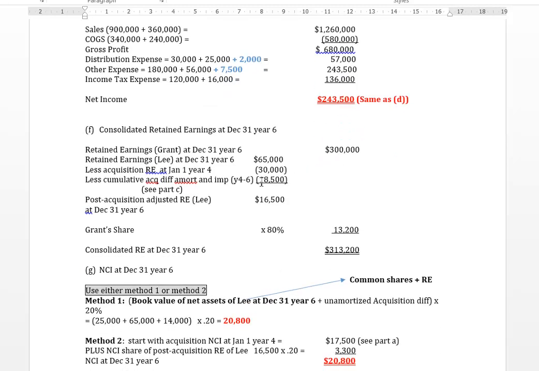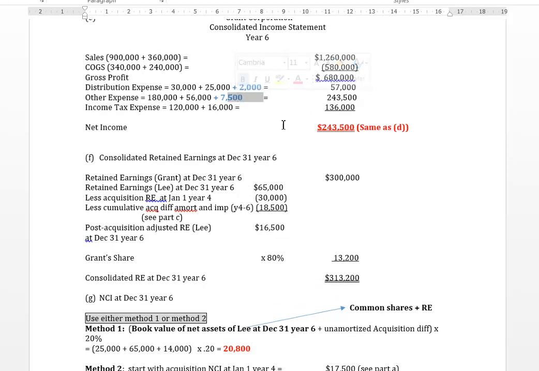Previous to that, we had another amount, such that all those amounts that adjusted income from years 4 to 6 inclusive were 18,500. Well, each year that you closed out your income statement accounts, you closed out what you amortized of those increments as well, because they're in the balances, right? We're just seeing it here for year 6, but in years 4 and 5, you'd have to visualize you'd have done the same thing, right?